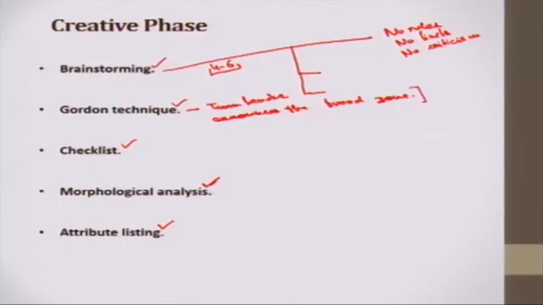These are all creative ideas that are coming out. These are not factual or product oriented ideas, but they are not at all ruled out. No criticism is allowed in this creative phase. In the Gordon technique, the broad idea is stated and the team starts working on it.